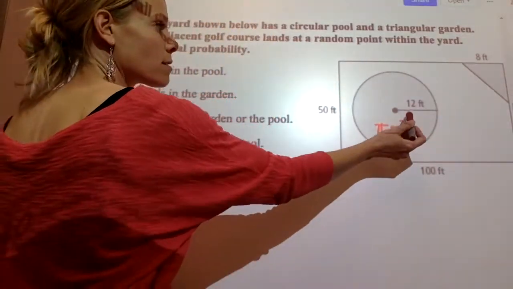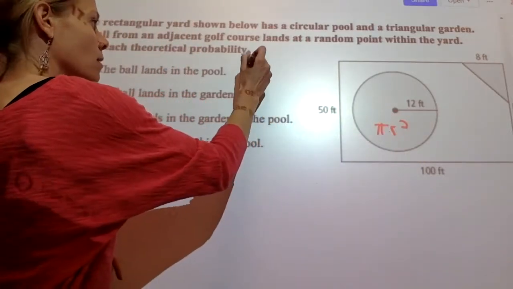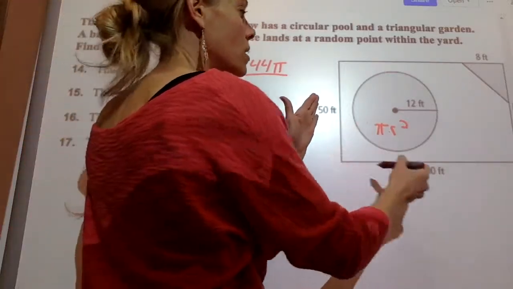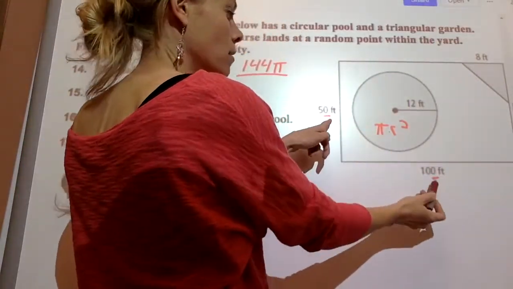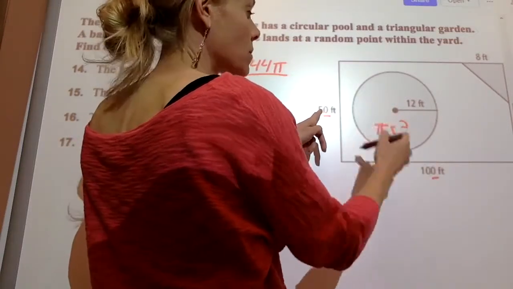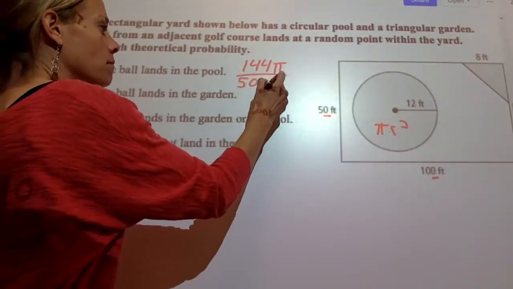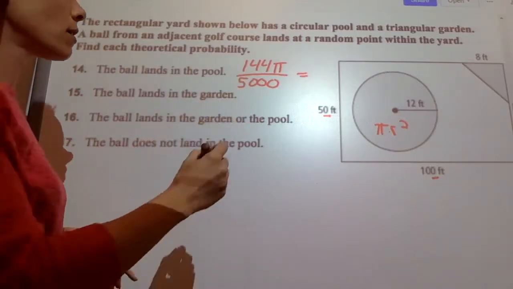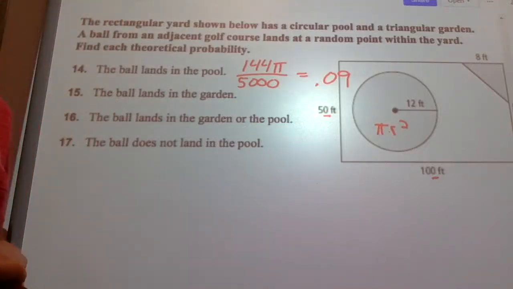So what's my radius? 12. What's 12 squared? 144. So I have 144 pi over, what's the area of my whole yard here? Which would be 5,000, right? Length times width? So favorable area over total area, you get 0.09, about 9%.